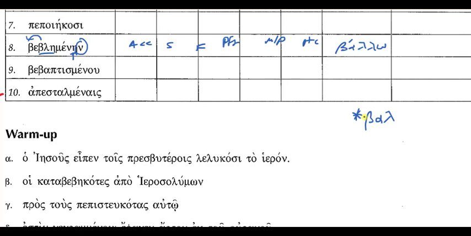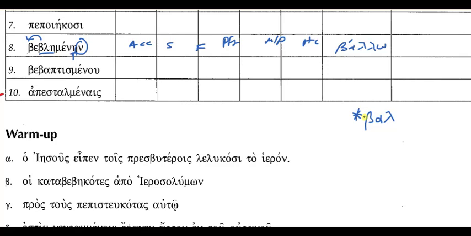Is this one where you might want to memorize the perfect middle passive? Yes, because it at least looks different enough that a lot of students keep forgetting that this is from balo. All right? Now, if you can, go ahead and go to your textbook and look at the appendix at the principal parts of balo, and let's just remind ourselves of what those forms are going to look like.